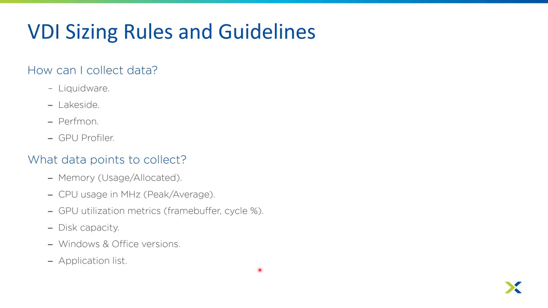We then need to look at the data that needs to be collected. So obviously memory usage, CPU usage, GPU consumption, disk capacity, Windows versions, Office versions, and if possible, your application list. So all the applications that those employees are using.